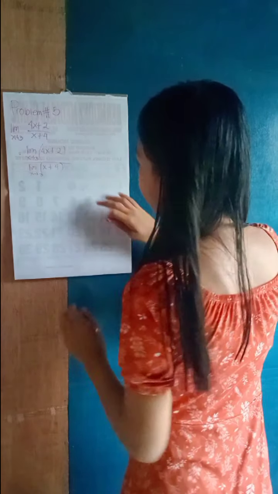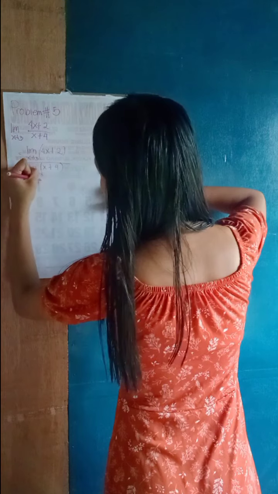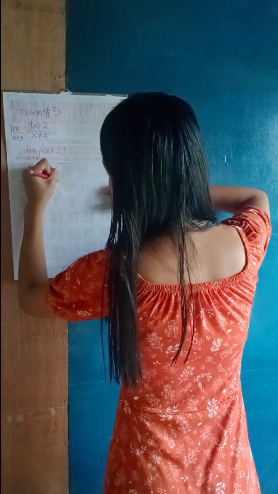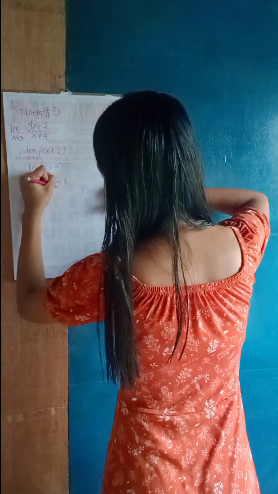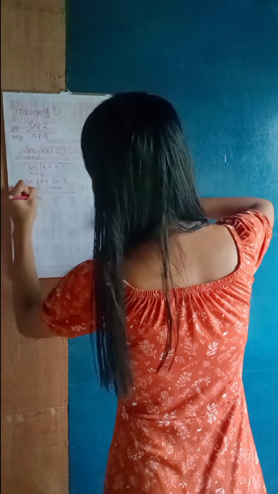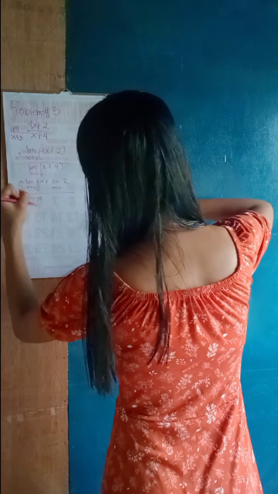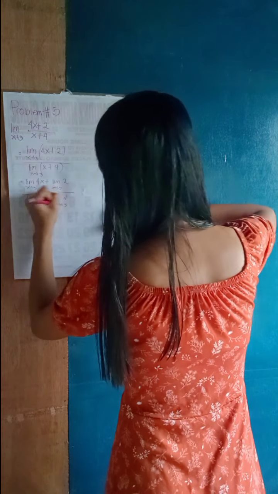Then, use limit number 4. Limit 4x plus limit 2 as x approaches 3 over limit x as x approaches 3 plus limit 4 as x approaches 3.